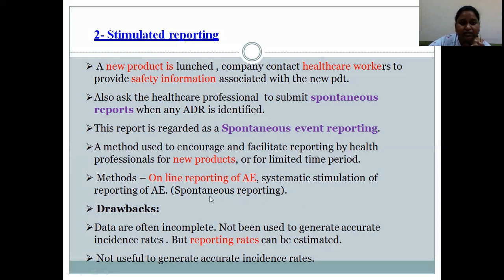So this is one of the major used reporting systems, but the drawback is the data are more often incomplete, because some companies do not provide the full information. Some information about the risk is lacking. So the data are often incomplete. Due to that, we are not able to produce an accurate incidence rate; we can just make a hypothesis report, not particular accurate data.